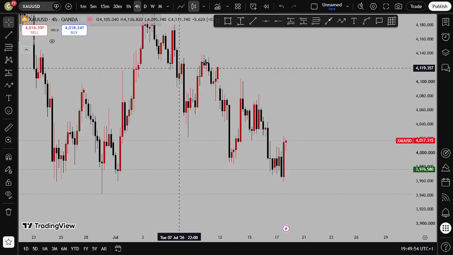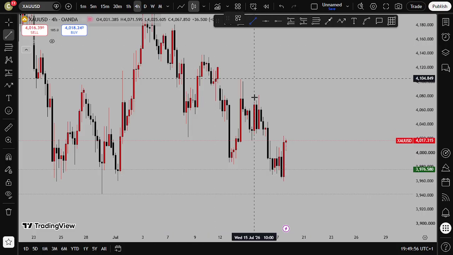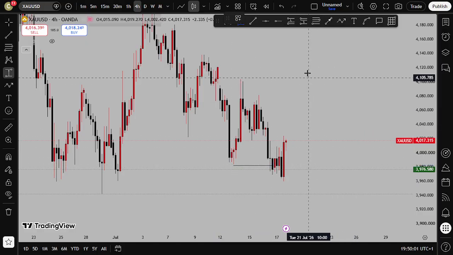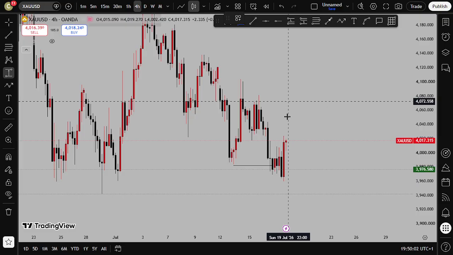So if price should continue downward, expect price to come and tap into any zone here.